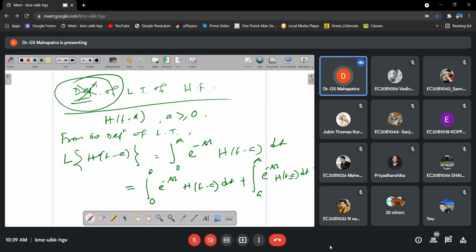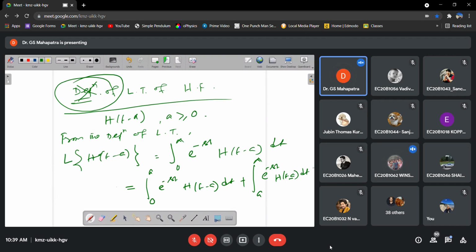We can write or not? Yes, sir, we can write any integration at intermediate points, a, 0 to a to infinity. Correct. So now 0 to a, what is the value?